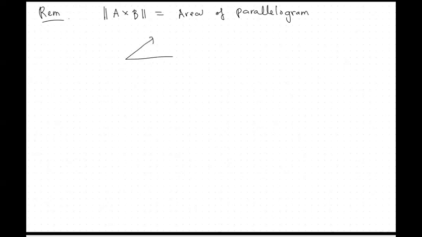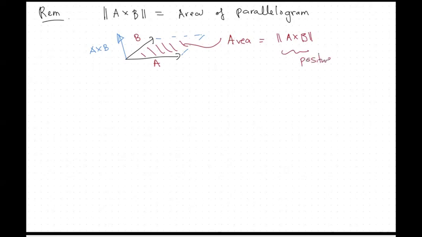Suppose this is your A, this is your B. Of course, you have to project it here and here. And then this is your parallelogram. And then this is your A cross B. Then this parallelogram has this area equal to this. Note that we have put here magnitude, so this is just a positive real number.